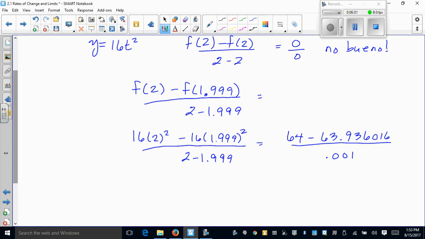So now you can see the numbers where this is going. Jumping onto a calculator rather than doing all of this itty-bitty math, we get 63.984 feet per second at t equals 2. So you can claim that at t equals 2 seconds, it is falling at approximately 64 feet per second. For 1 the average was 32, for 3 the average was 96, so 64 in the middle of that is not too terribly bad.